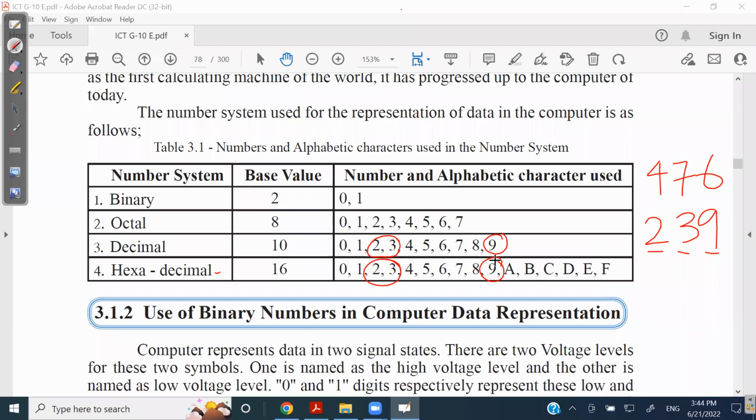Now, when it comes to, let's say, 2CF, and definitely, if you find letters in your value, it goes with what? Hexadecimal. That's correct, right?